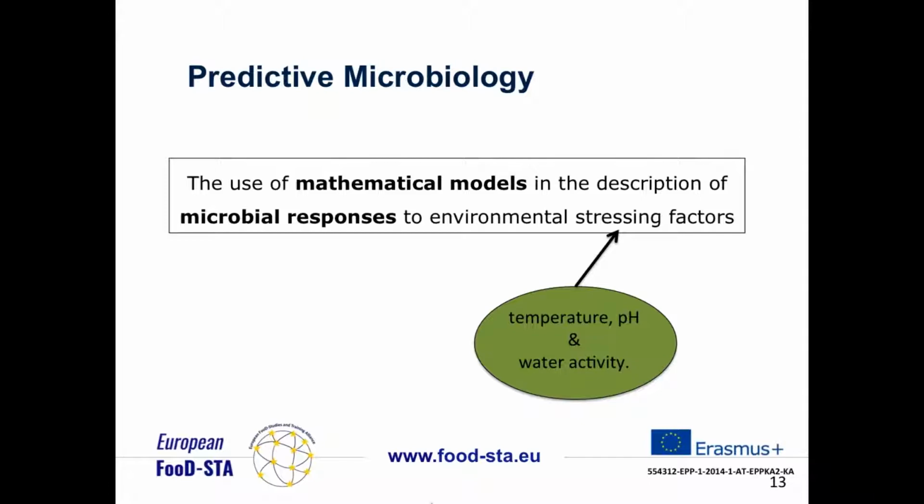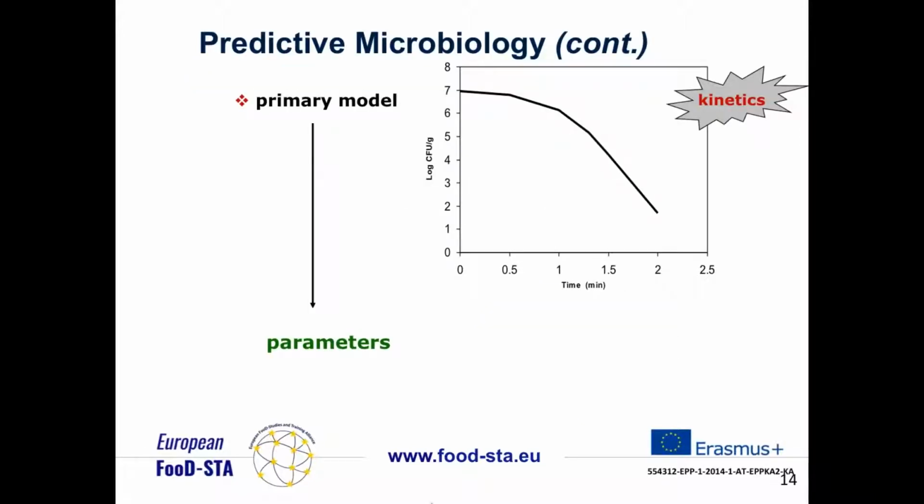Usually the most common is with the temperature, but pH and water activity are also important, and several works are running on this. So predictive microbiology basically includes the primary model, that is the description of the log number of microorganisms as a function of time for constant conditions, and determines the kinetics.